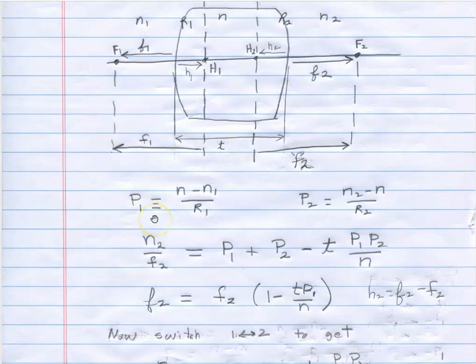It's convenient to define the refractive power, and we've seen this before, of the curved surfaces at the front and the back. So P1 is the refractive power at the front surface, and that's (n minus n1) over r1. And P2 is the refractive power of the back surface, (n2 minus n) over r2.